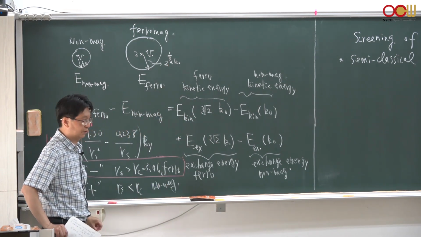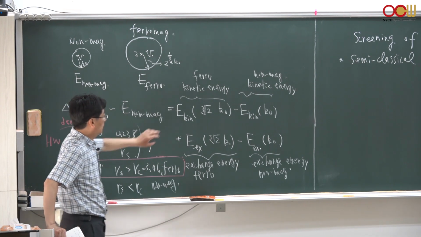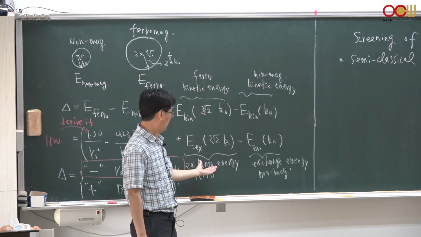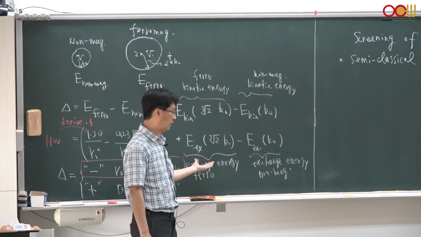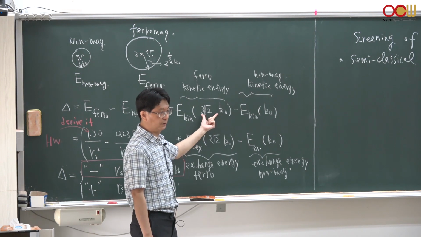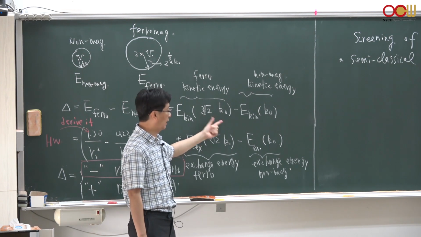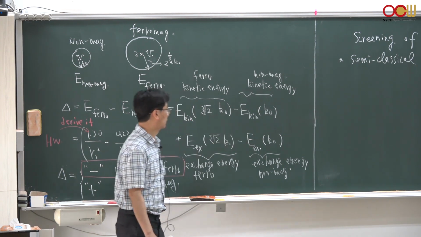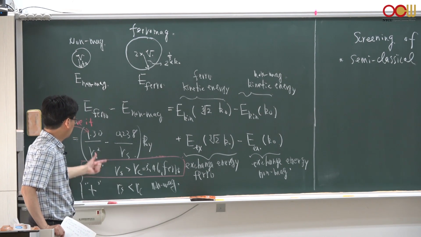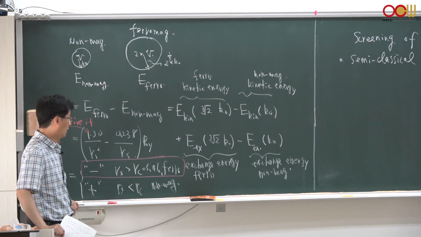So you simply plug into the kinetic energy and the Hartree-Fock exchange energy this new value of the Fermi momentum, and you subtract the non-magnetic values, and you'll find that this is your final result.